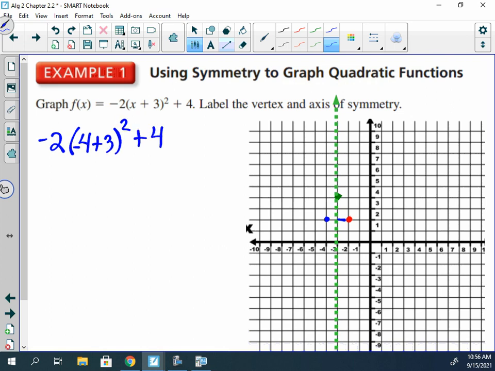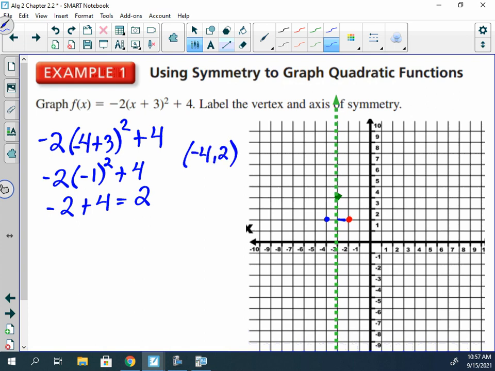Negative 4 plus 3 is negative 1. Negative 1 squared is 1, times negative 2 is negative 2. That will give us the value already, because they're going to be 2.